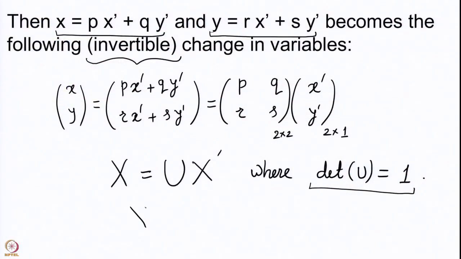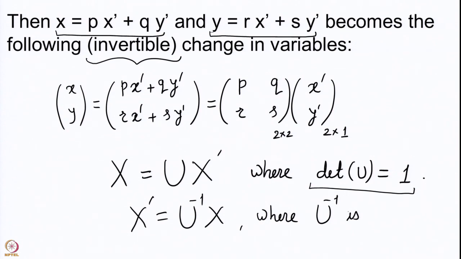So, whenever we have X equal to U X prime, we have X prime to be U inverse X, and here U inverse is also an integer matrix.